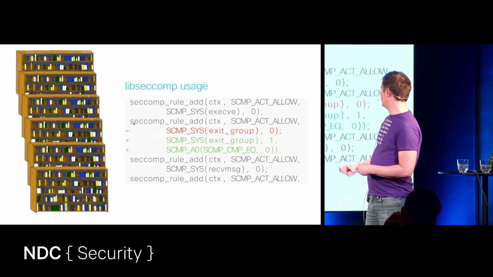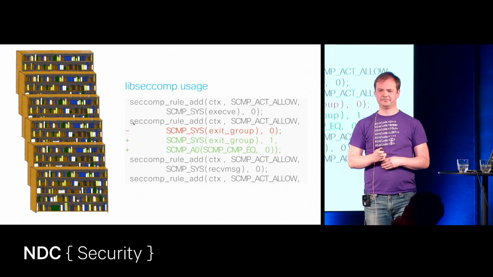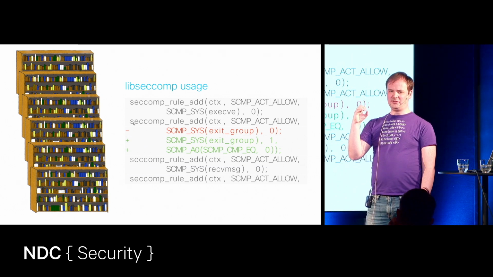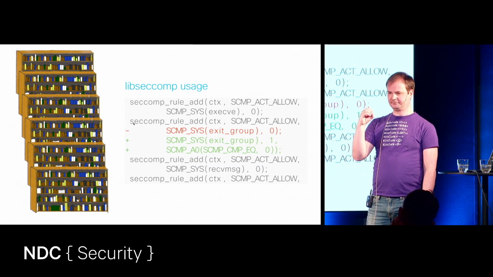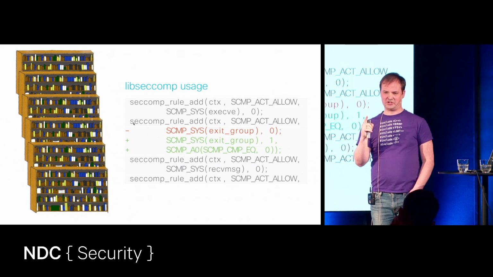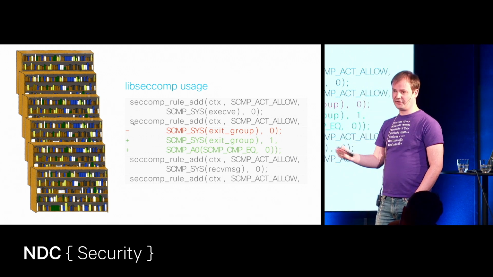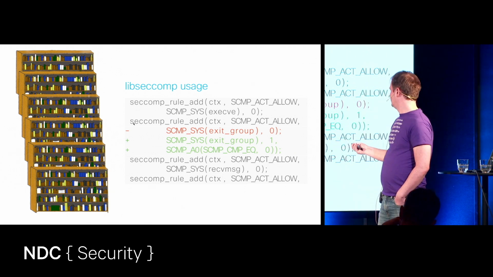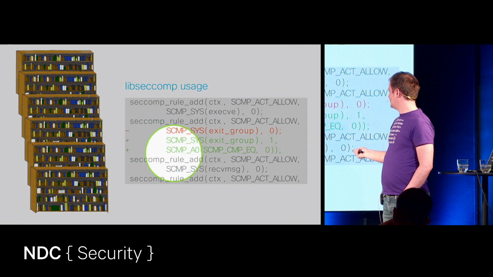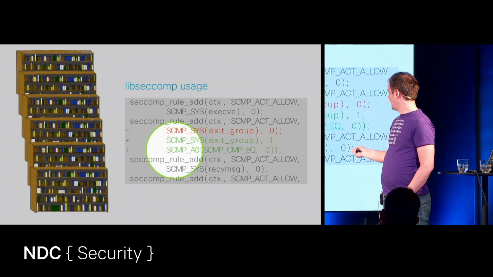So you need to find out what system call this syscall number on your architecture corresponds to. Now, if we want to check arguments, this is where this 0 comes in. That 0 means we have 0 argument checks. This 1 means I have 1 argument check. I can have multiple argument checks for the same argument. So what I say here is, for argument 0, the first argument, I want to check if that is equal to 0.